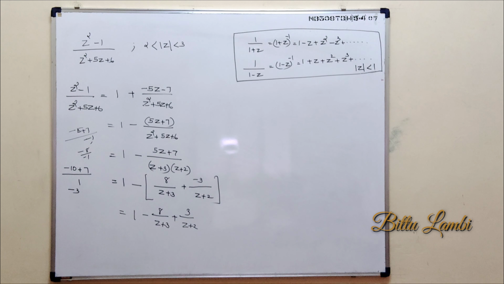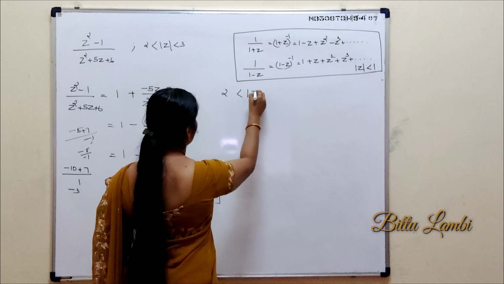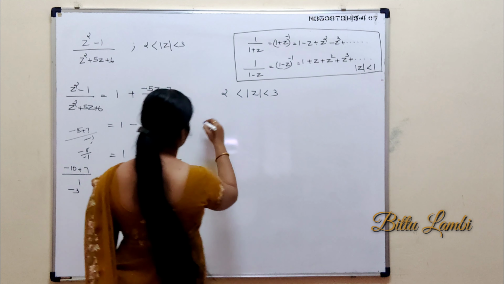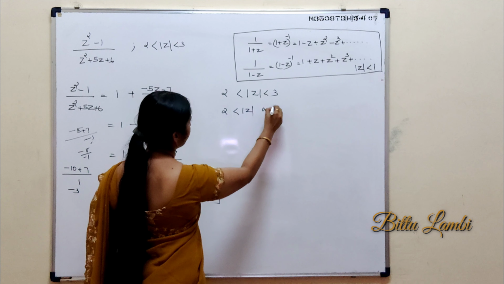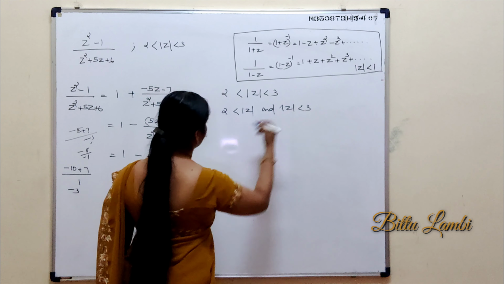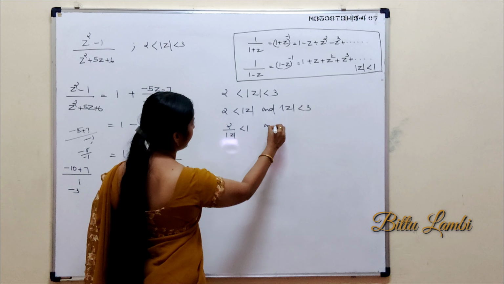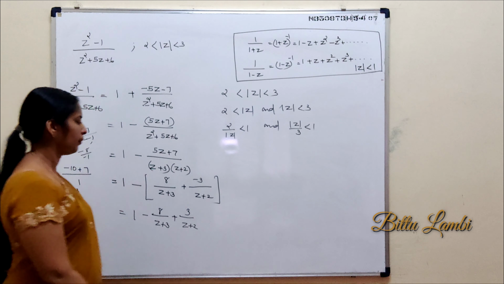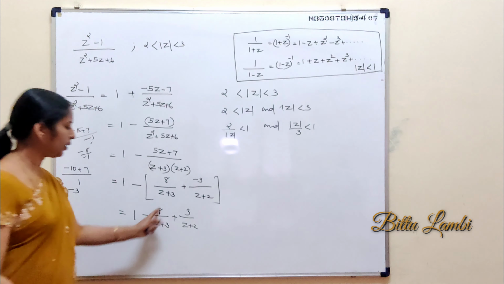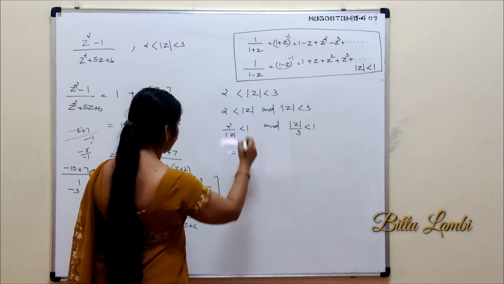Next, consider the given region. The given region is 2 less than mod z less than 3. In such regions, you have to rewrite it as 2 by mod z less than 1 and mod z by 3 less than 1. Next, you rewrite these two terms conveniently for applying these results.